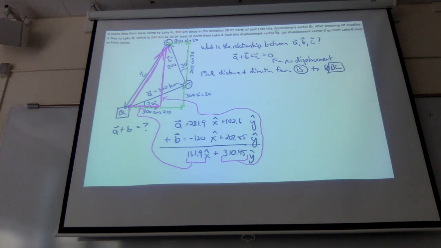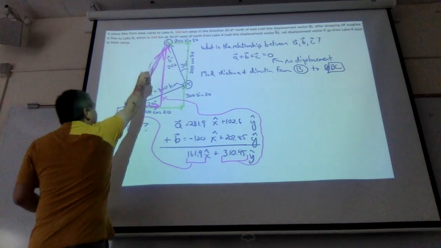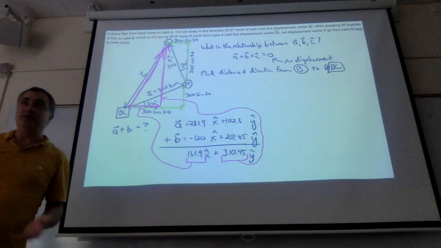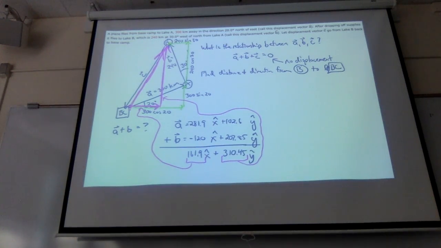Notice it asked me to find the distance and direction from B to base camp. Well, that's pretty close. No matter which way I go, from base camp to B or B to base camp, the distance is the same. So if I can find the hypotenuse of this triangle, I've got the distance. Who cares which way the vector points?